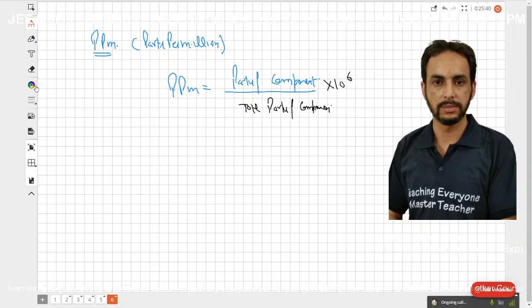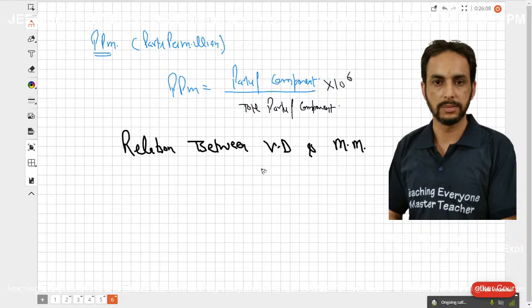So ppm is parts of the component divided by total parts of component into 10 to power 6. Now, the next part is the relation between vapor density and molar mass.